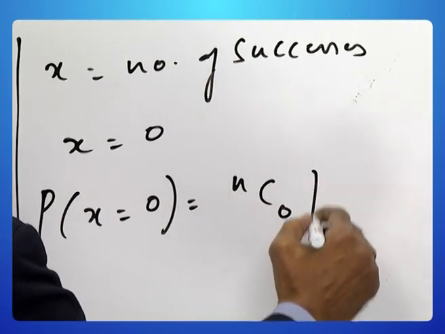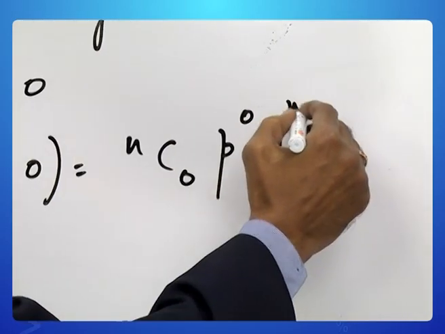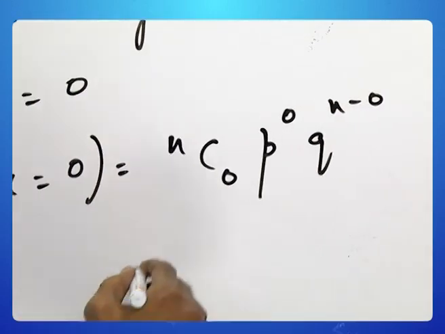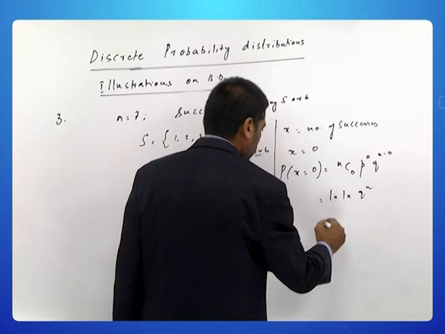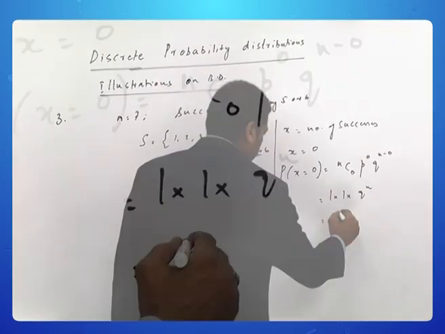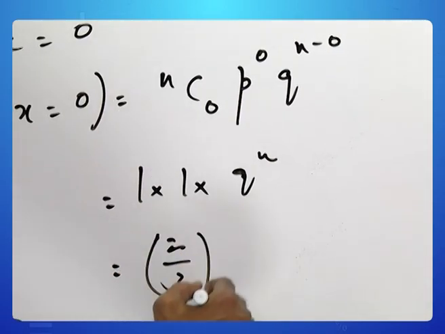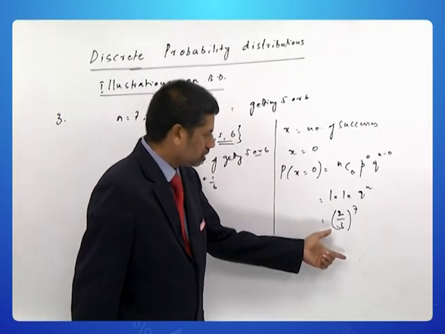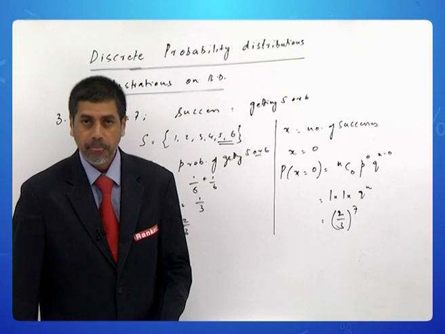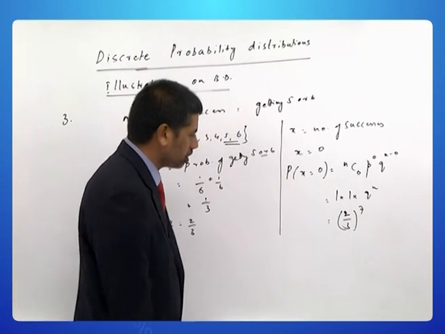nC0, p power 0, q power n minus 0. This is 1 into q power n. q is 2 by 3 to the power of 7. So this is the symbolic representation of the probability, and a very simple calculation.